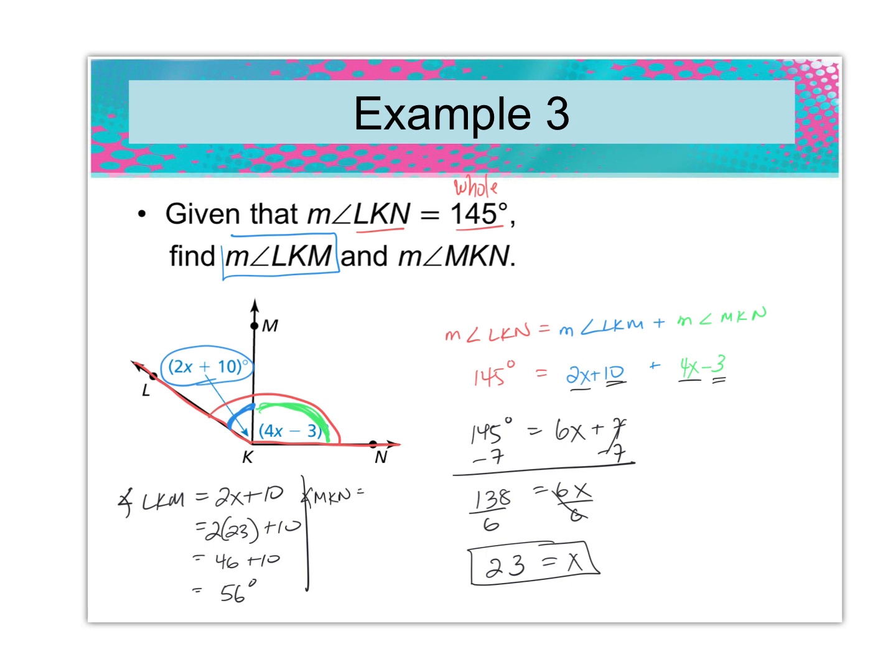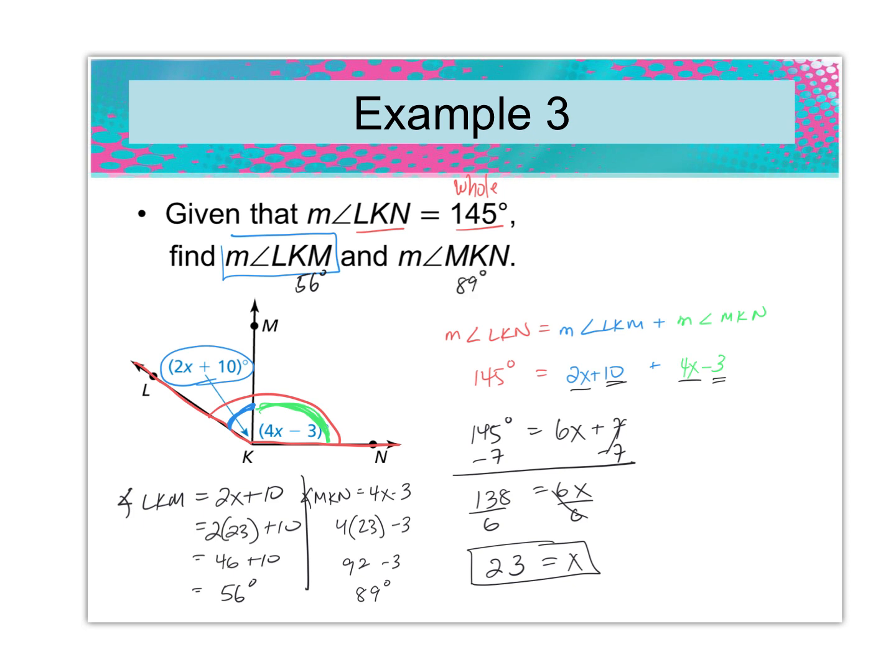Well, again, it's going to be the expression that was given, 4x minus 3. So if x is 23, I'm going to get 92 minus 3, and I'm going to get 89 degrees. So this angle is 56 degrees. This angle is 89 degrees.